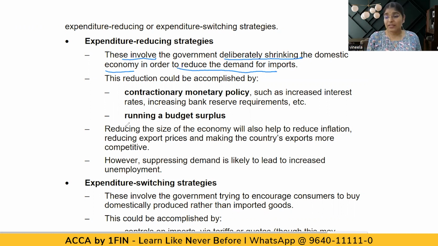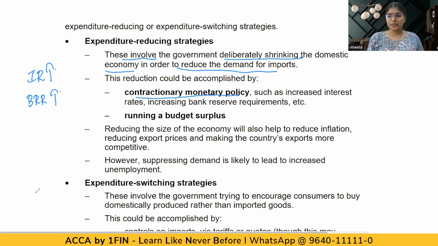As I don't have that purchasing power, I cannot pay money for those goods, and I'll not demand those goods from outside the country. So how can you reduce the demand for imports? How can you shrink your own domestic economy? The first is contracting monetary policy. What is this contracting monetary policy? Either you will increase your interest rates or you will increase bank reserve requirements.